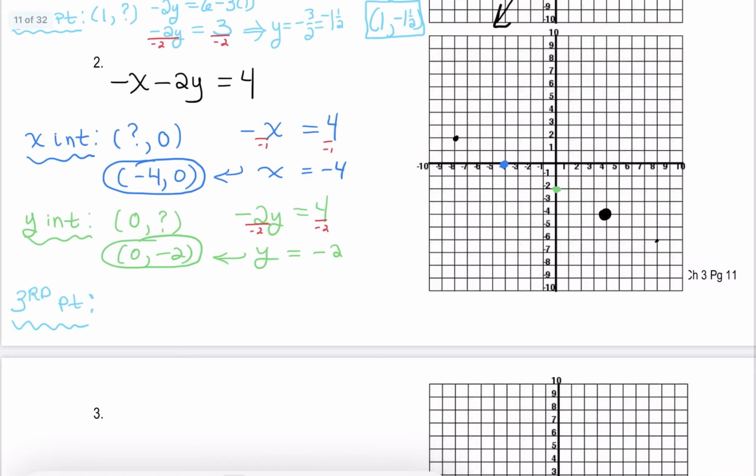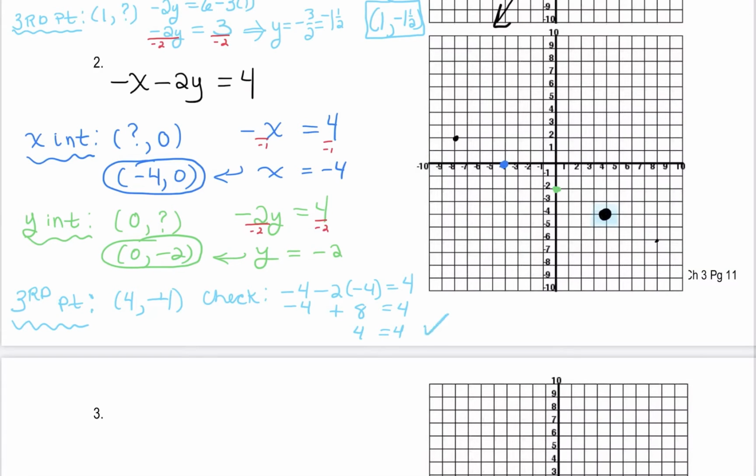So I might take that third point, the point that looks to be sitting at (4, -4), and let's just check. Let's sub it in and see if it works. If I sub in 4 for x and -4 for y, I get -4 plus 8, and this looks great because the right-hand side of the equation is 4.